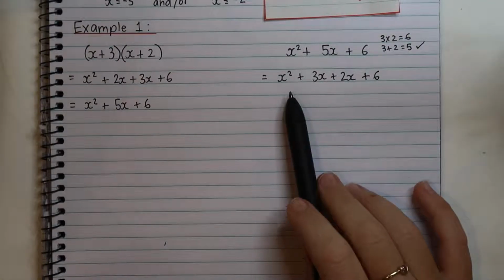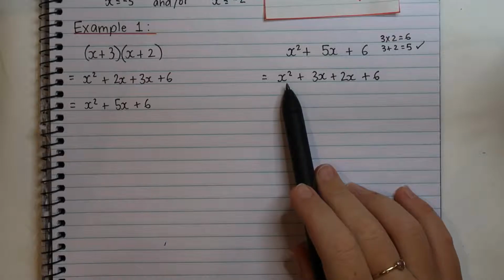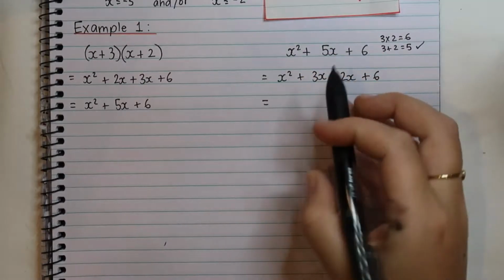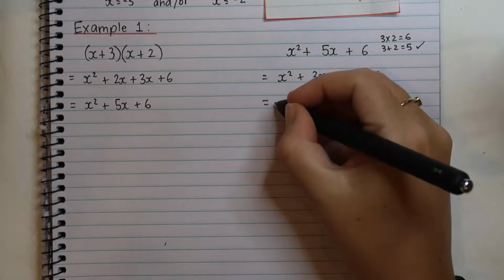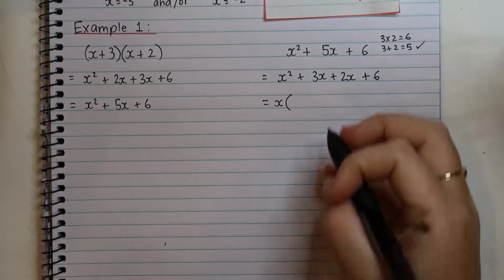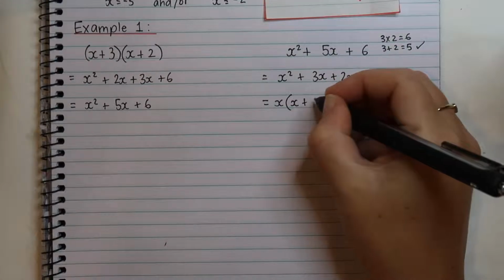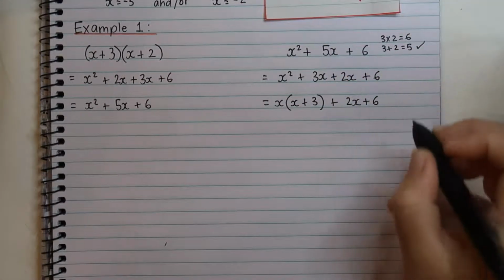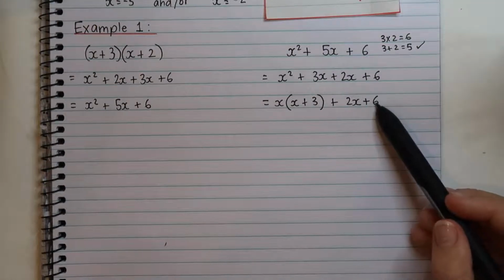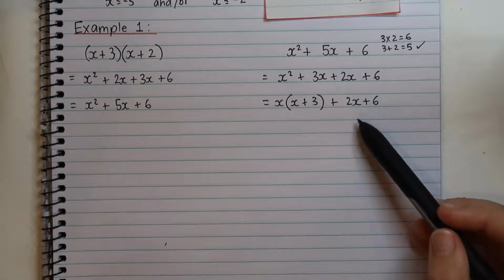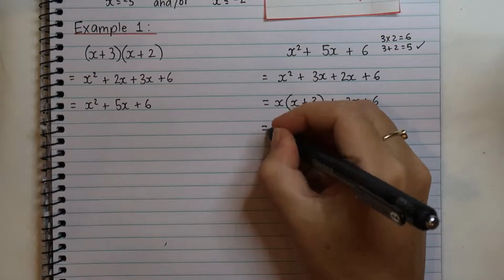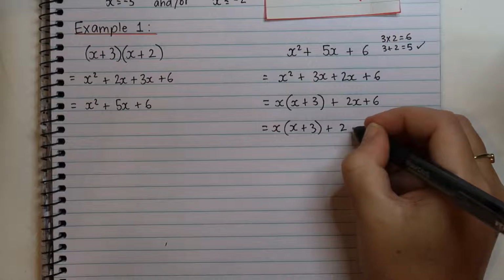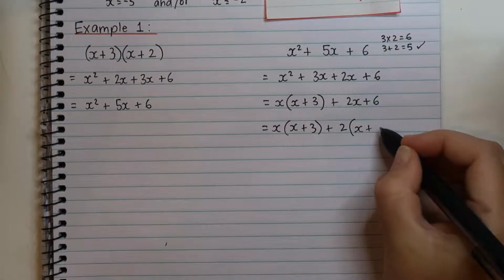So from here, we're going to factorise out the first two terms. Our common factor in the first two terms is x. So x comes out the front of our brackets and we're left with x plus 3. My next step is I'm going to factorise my last two terms. The common factor here is 2. So taking out the 2, I'm left with x plus 3.